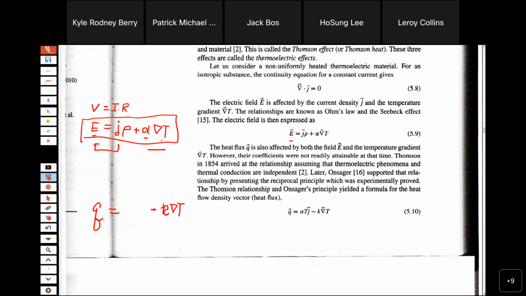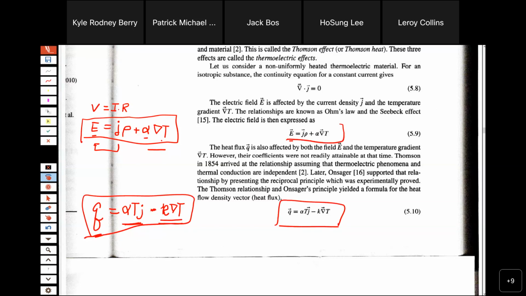But now, according to Peltier, there is also a heat flow due to the current. So it is not only thermal conduction, but also Peltier heat, and we have it here, along with the electrical term too.